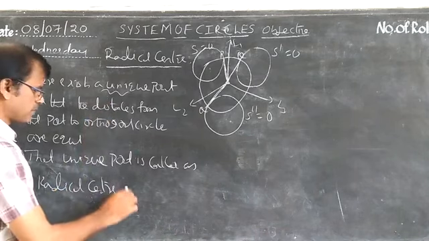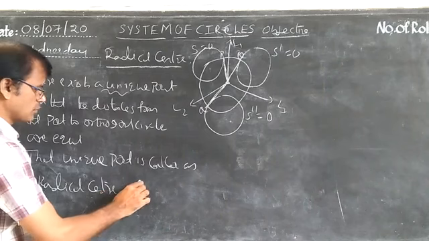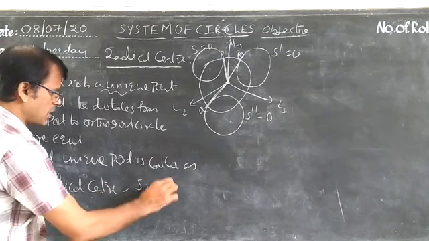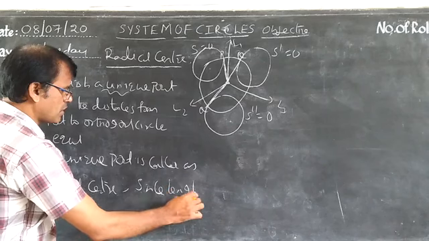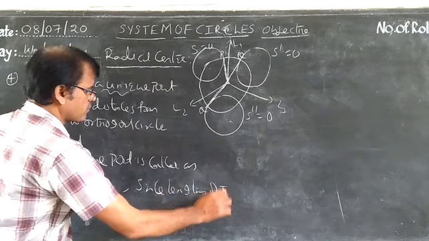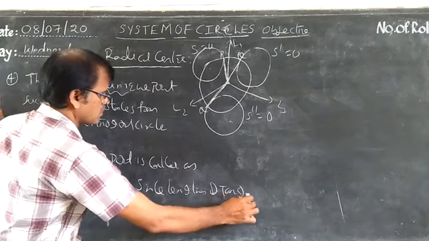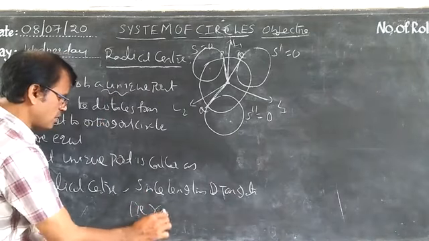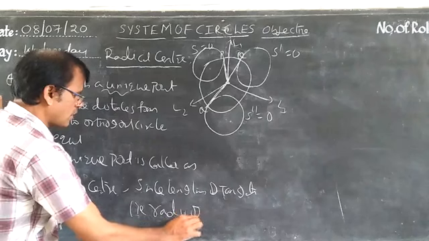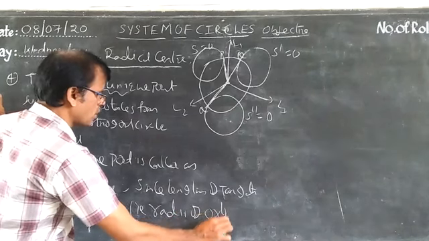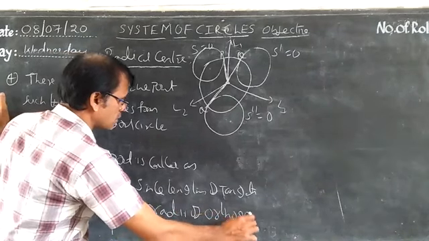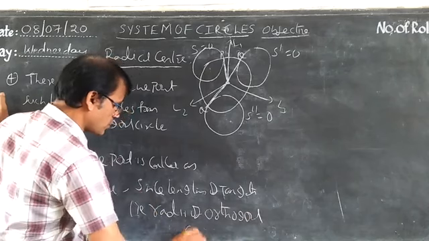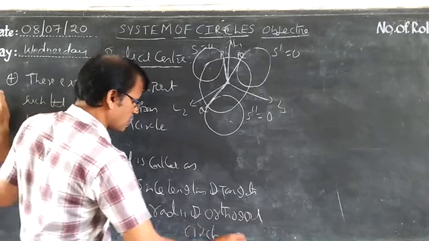The same concept applies. We know that the lengths of tangents are equal, that is, the radii of the orthogonal circle are equal.